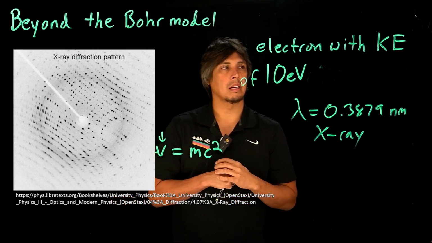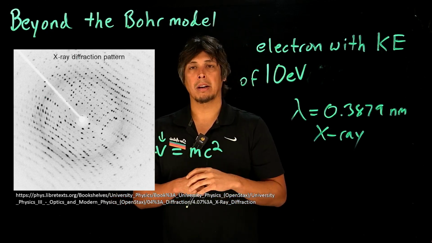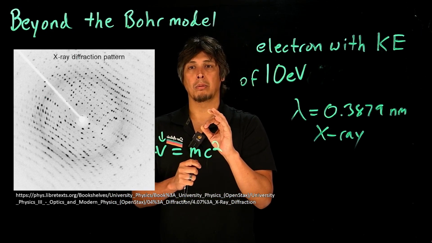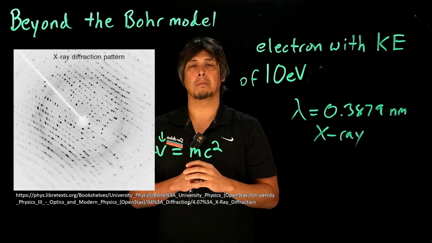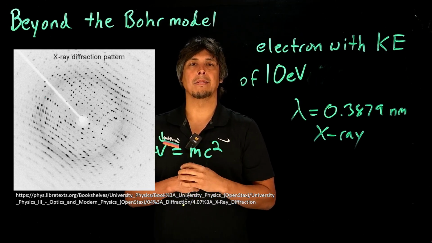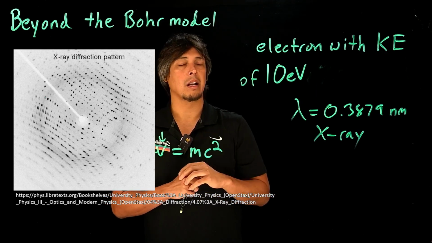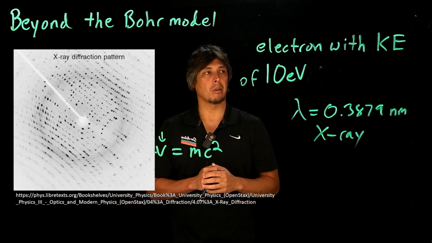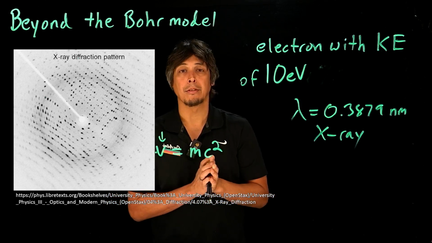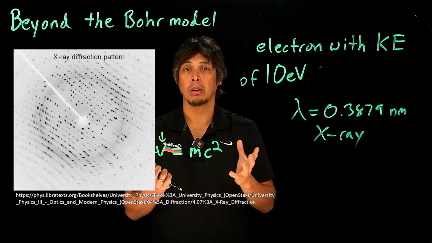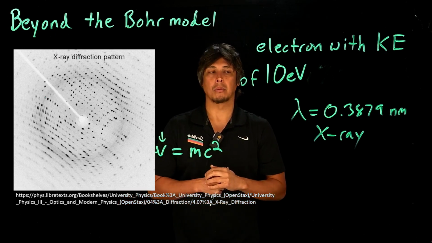And what that's resulting in is a pattern such as this, where the dark areas are where there are points of constructive interference between the matter waves, whereas the light parts are where there was destructive interference between the matter waves. And again, we can use that information to back calculate the structure of compounds that are within that crystal.